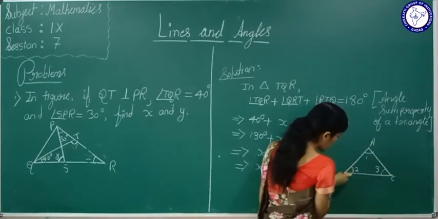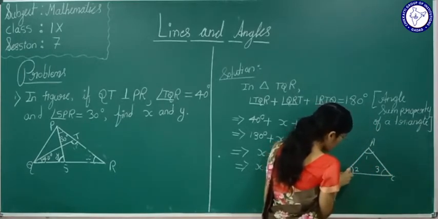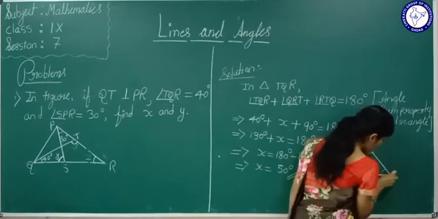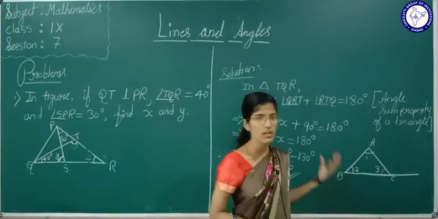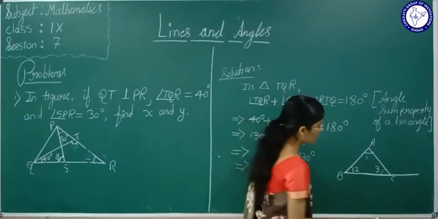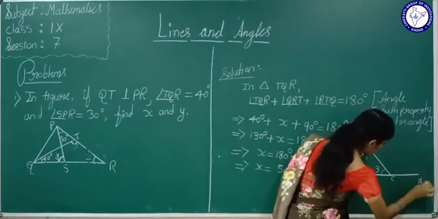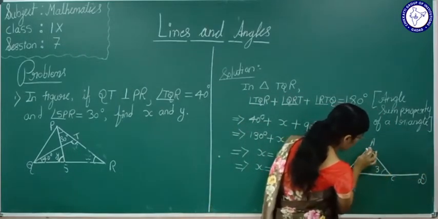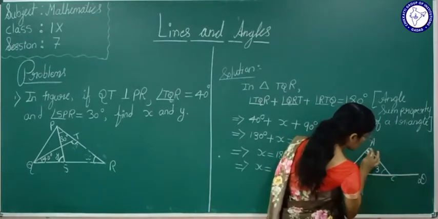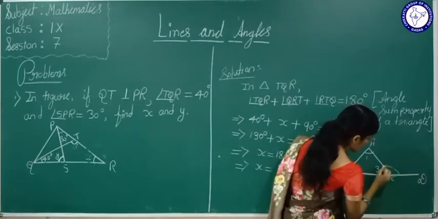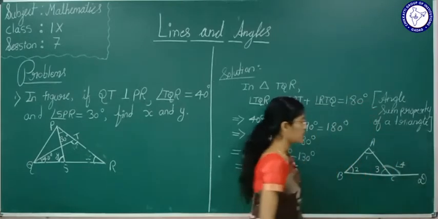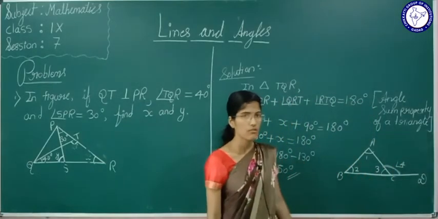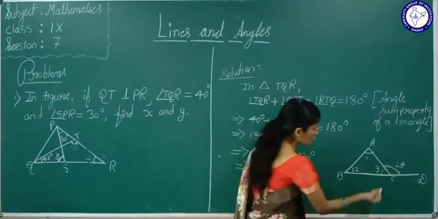Suppose I produce one side of the triangle, and I name the point D. Angle ACD is an exterior angle. I will name it angle 4.